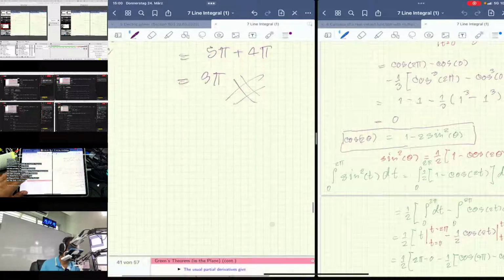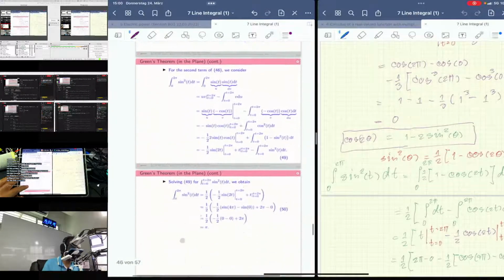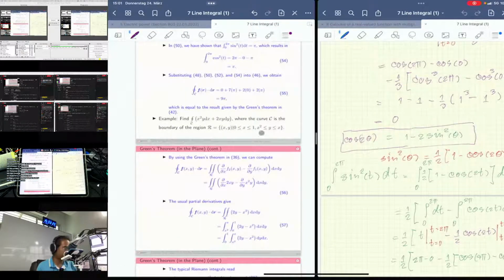Now we arrive at another problem in Green Theorem. There are two examples in the problem of Green Theorem. If you have any problem, just let me know in any aspect in this chapter.